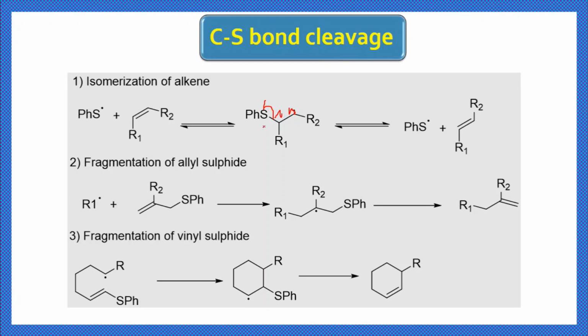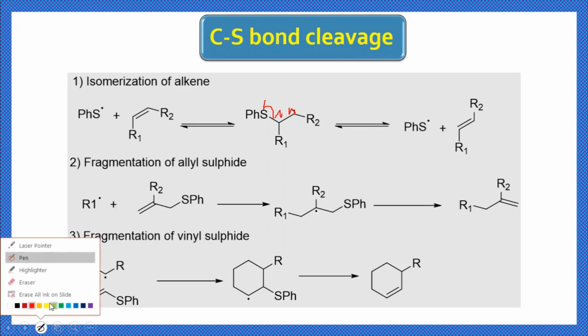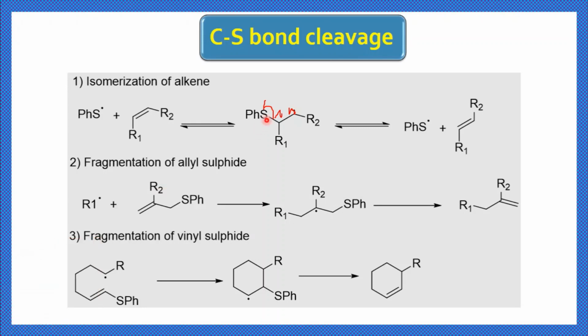Once it generates this radical, the rotation of the carbon-carbon single bond takes place. It converts from cis to trans, and you will get the phenyl sulfur radical. So this is simply the isomerization of alkene.